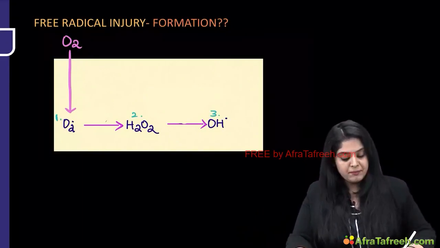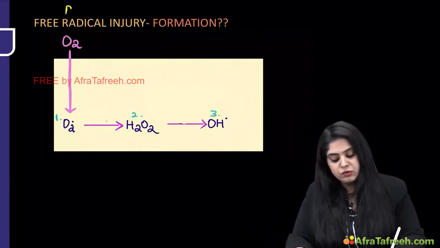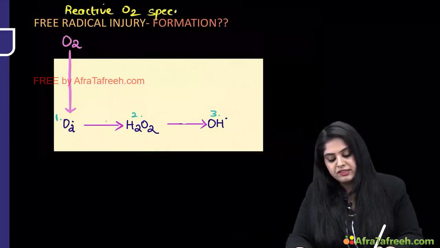How do they form? So remember, free radicals, which are also known as ROS, reactive oxygen species. They come from oxygen.